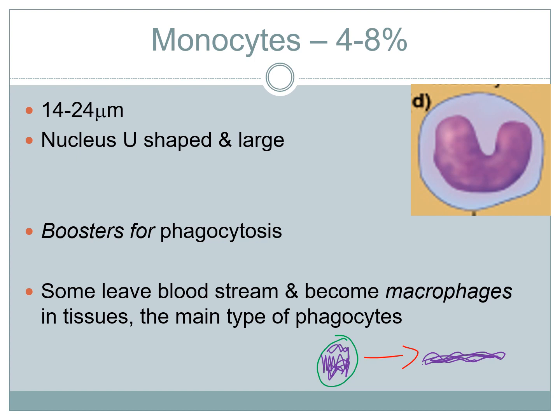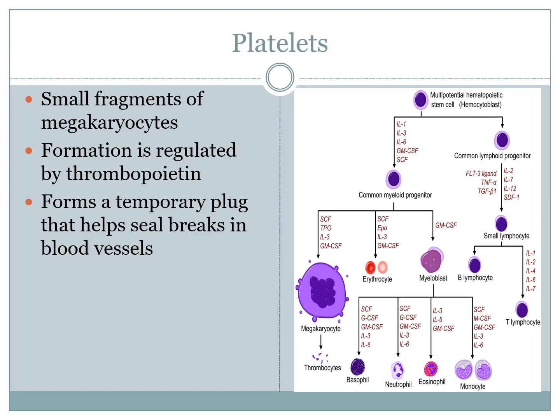Now the last of all the formed bodies that we need to talk about, or the formed elements of the blood, is our platelets. Now platelets are not cells at all. They're not cells. They are the fragments of a cell. If you remember back to the picture, you'll see this very, very large cell called a megakaryocyte, and a platelet is a fragment of that.